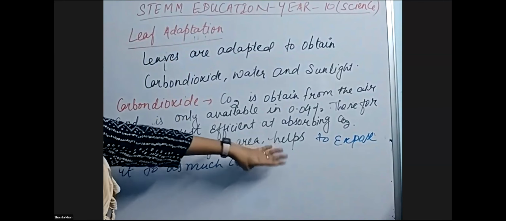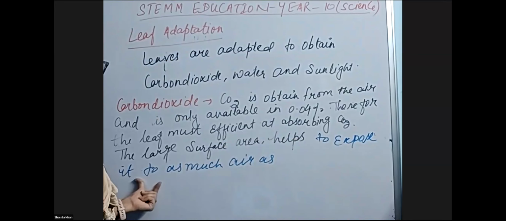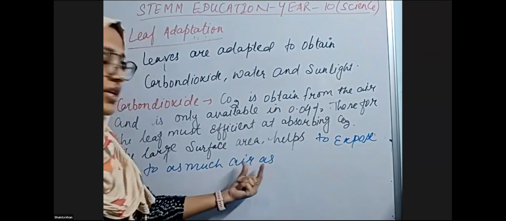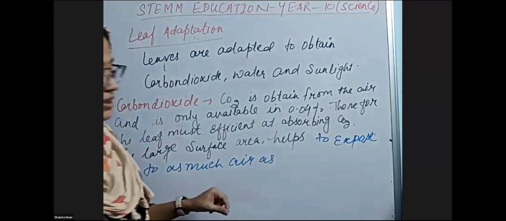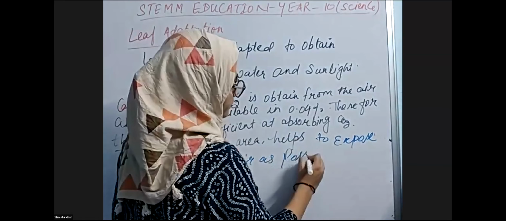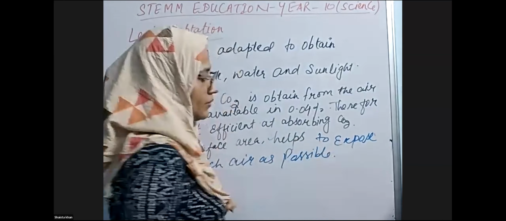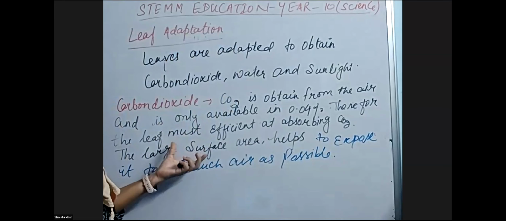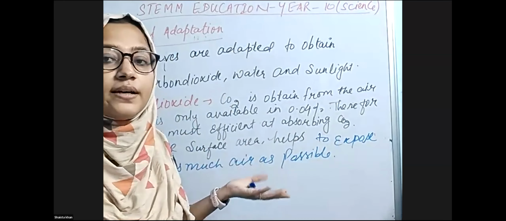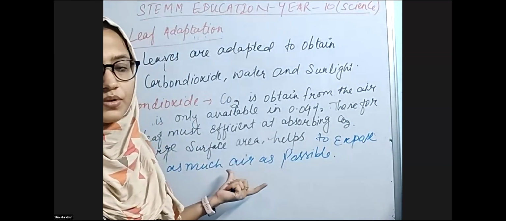So the large surface area helps to expose it to as much air as possible. So that's why leaves have a broad surface area. All right.